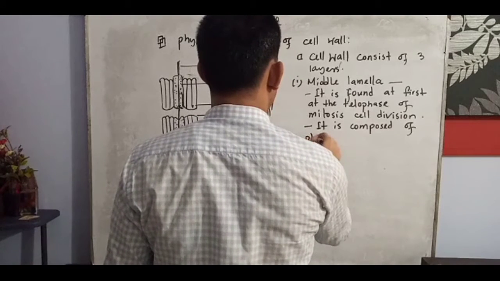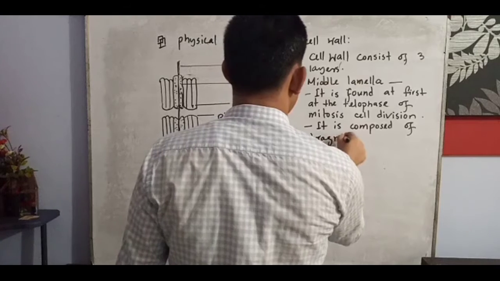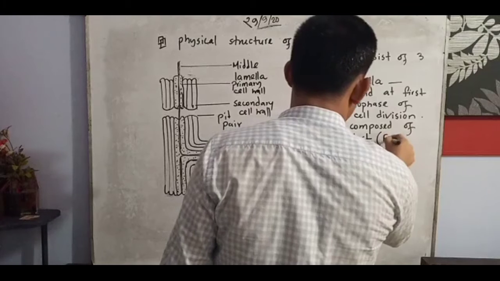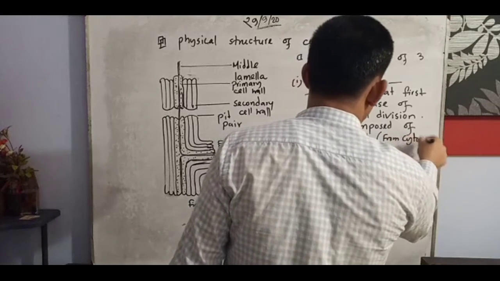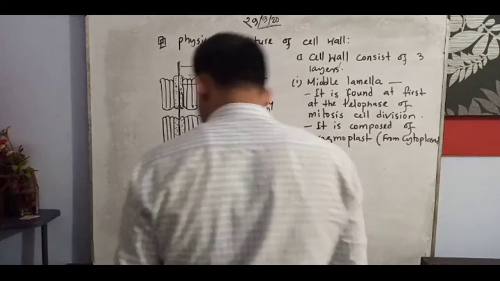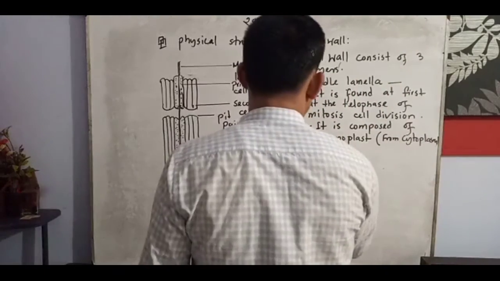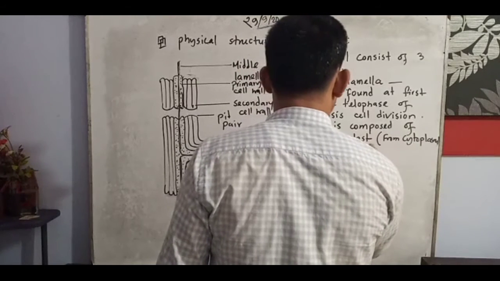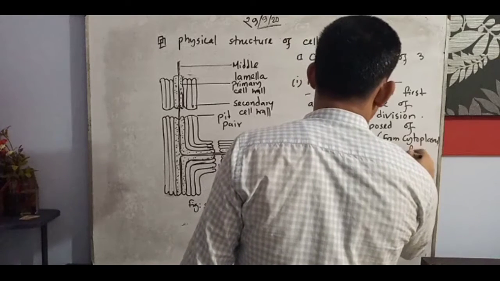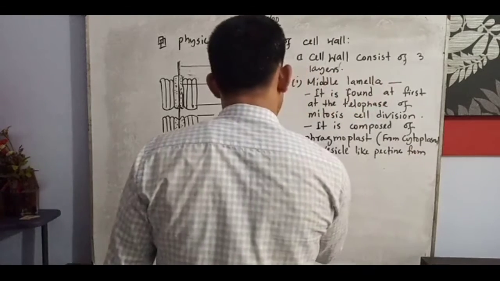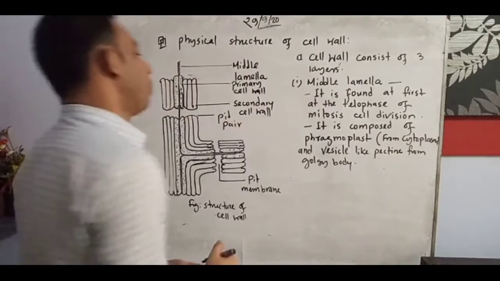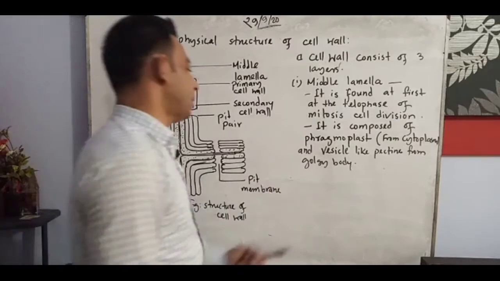Phragmoplast is from the cytoplasm, and vesicles like pectin are from the Golgi body. Okay, it is composed of phragmoplast from cytoplasm and vesicles like pectin from Golgi body.